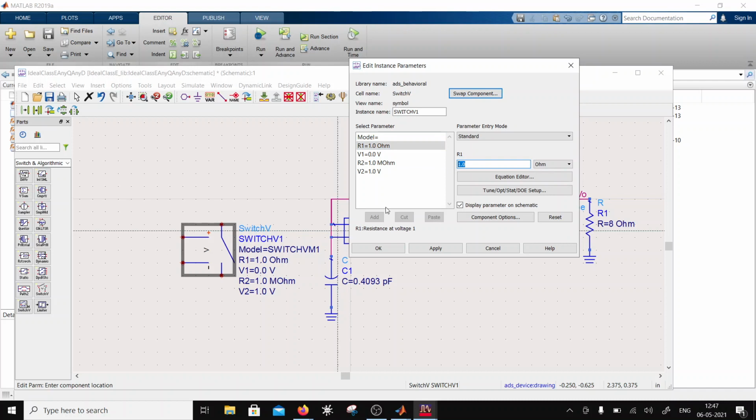And this one is going to be V1. I'm going to make it 0.95, sorry, 0.95 and 1 volt. And this is going to be 20 megaohm, and this is going to be 1 milliohm.